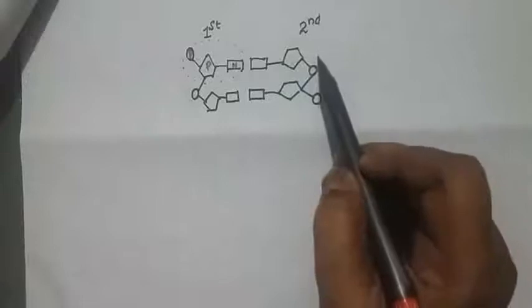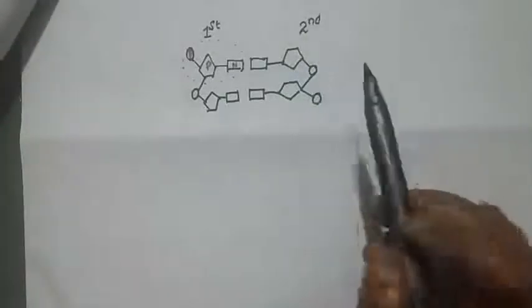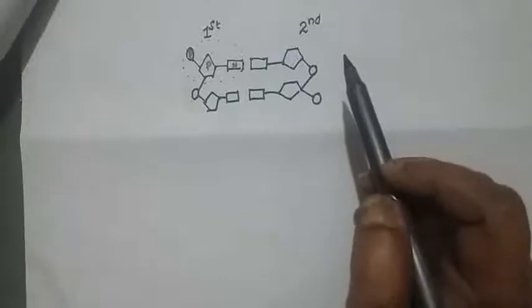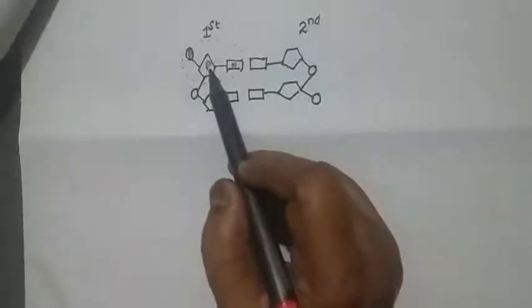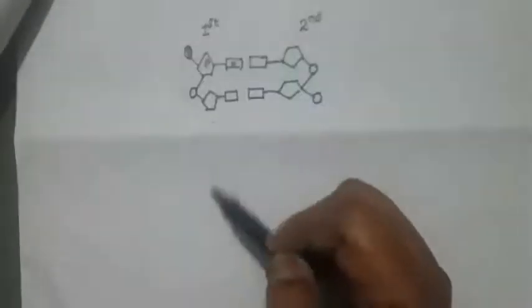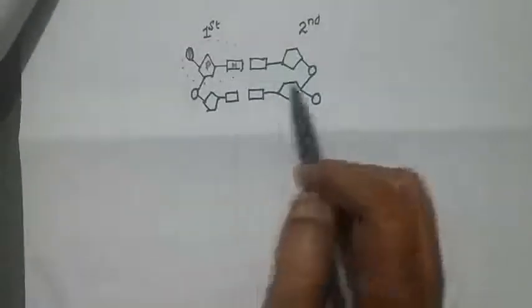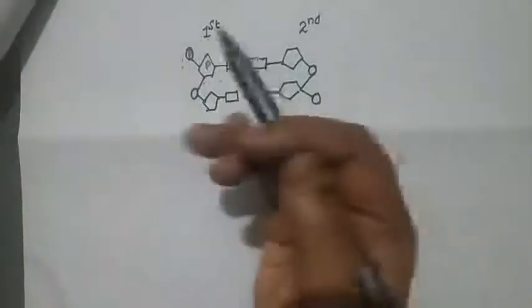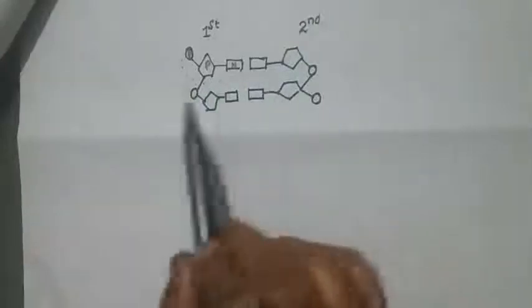So you can say that in the first strand there are two nucleotides, and in the second strand you have two more nucleotides. So you can say that the pentose sugar and the phosphate radical are arranged lengthwise in both the strands, and nitrogenous bases are arranged inwardly like ladder steps. What do we call them? Rungs.